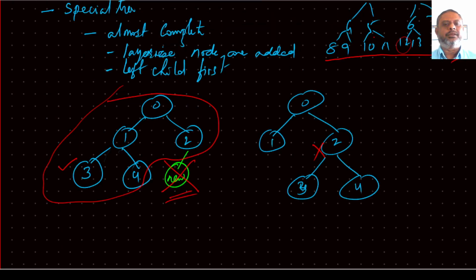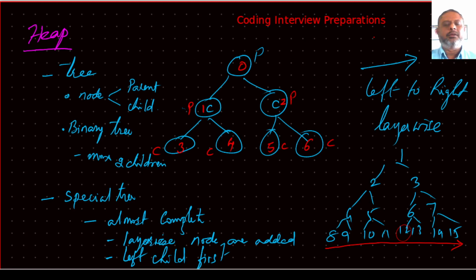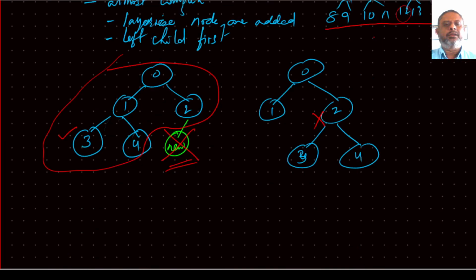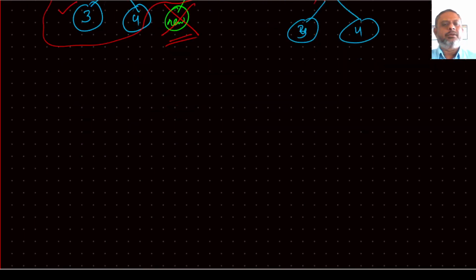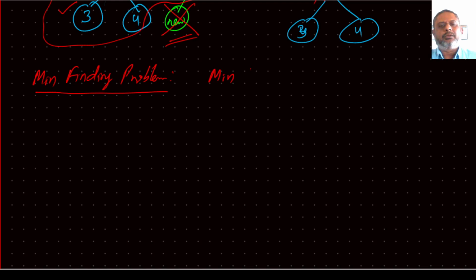The question comes: how does this help in solving our priority problem? So let's talk of priority. Say that's our minimum finding problem. So each time you are trying to find a minimum, then what we require is called a minimum heap.